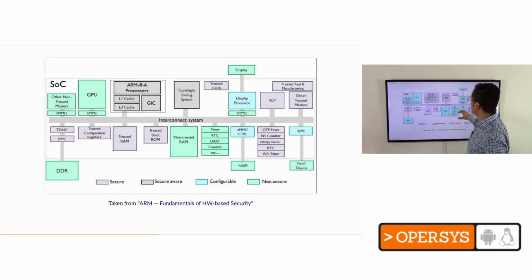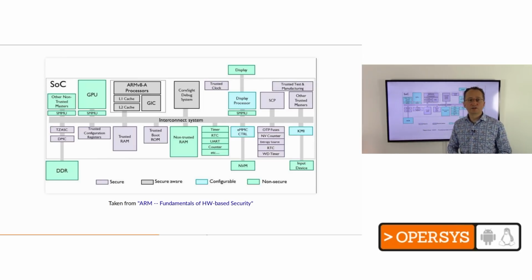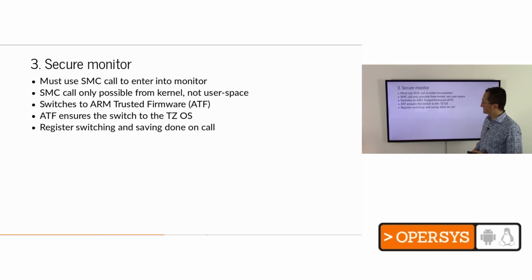Effectively this is configurable. All these things are configurable as being secure or non-secure. And the processor cores themselves obviously are going to switch between secure and non-secure when they do this secure monitor call, and they're running TrustZone and the trusted execution environment and whatever else.